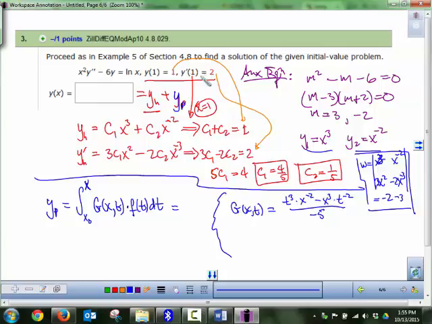Okay, now our f, remember we want to be careful with our f. Our differential equation has an x squared leading coefficient, so we need to write our differential equation without the leading coefficient.